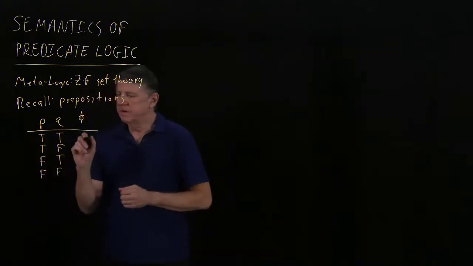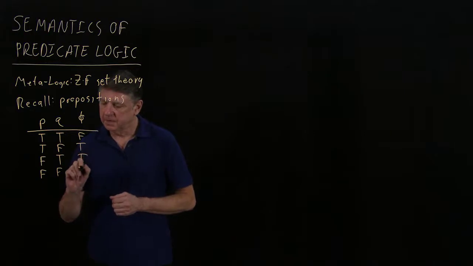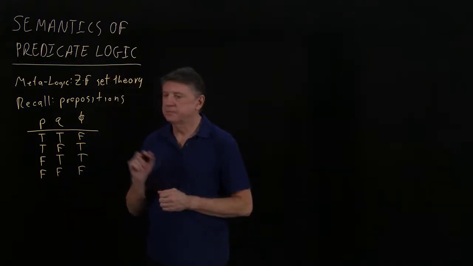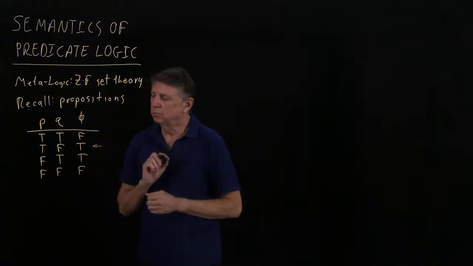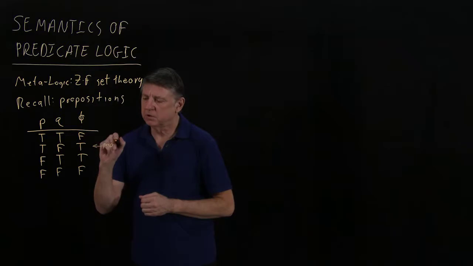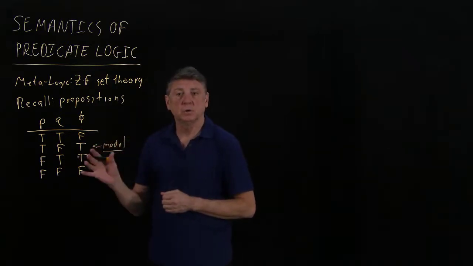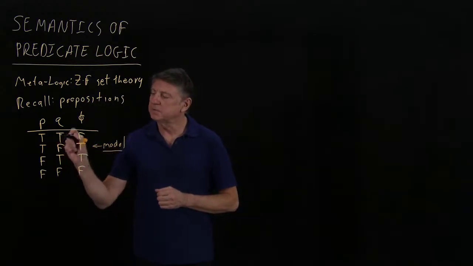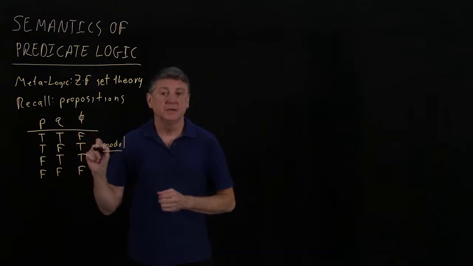And then we might, for example, have a formula and we would write down the truth table. Now let's observe that each row is a model. And when we said that we had a model for a formula, what that meant was that we had an assignment of truth values to every proposition in the formula.